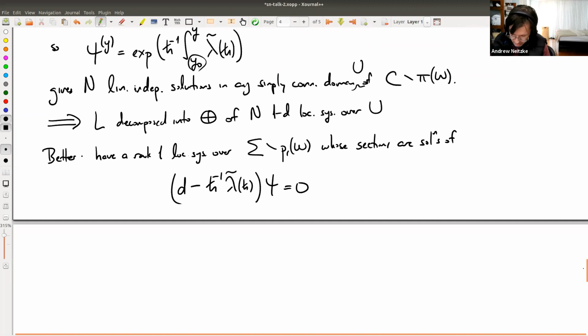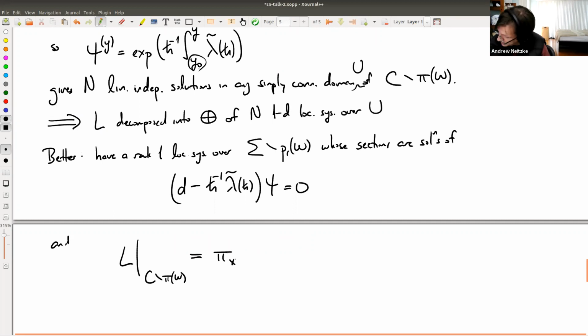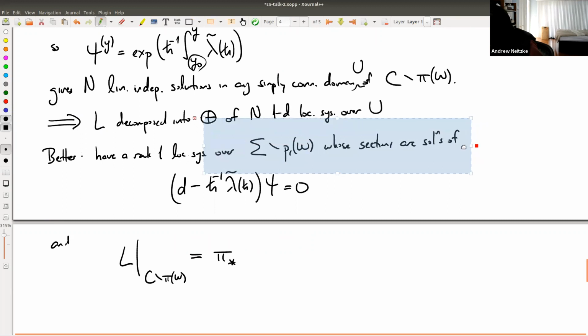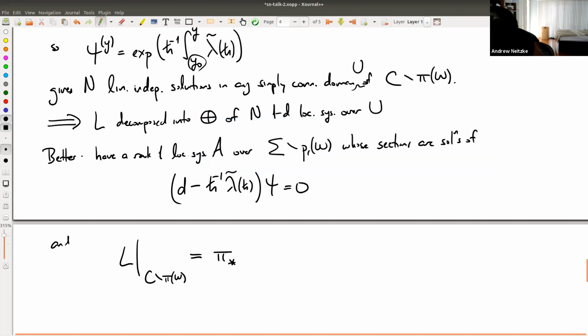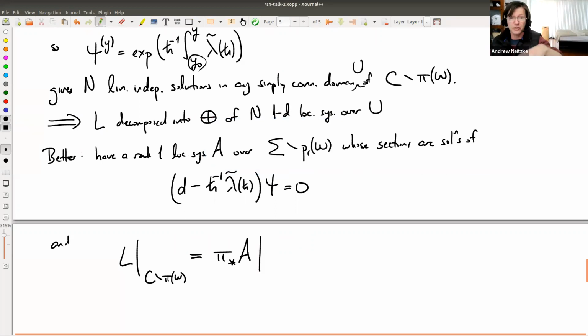And then what we found is that the local system that we have downstairs, not everywhere, but off of the spectral network, is the push forward. Oh, let me give this local system a name. The local system upstairs, this rank 1 local system, I'll call it A. And then what we're saying is that the local system downstairs is just the push forward of a local system upstairs. That's this kind of diagonalization.